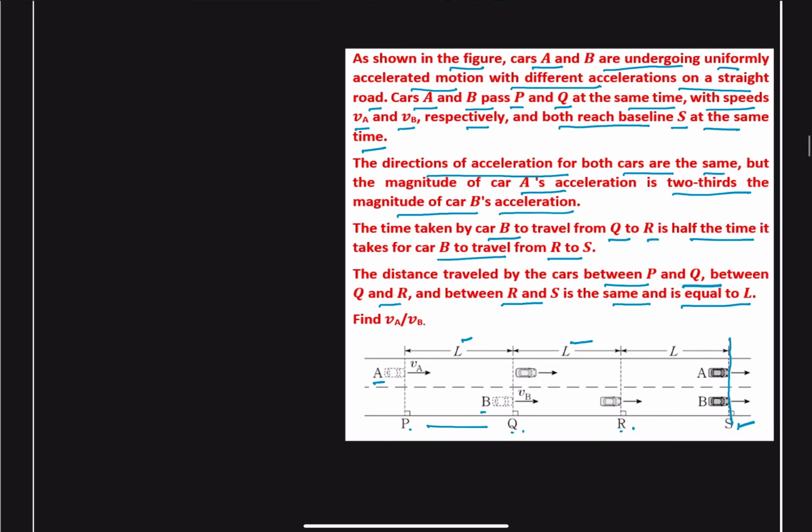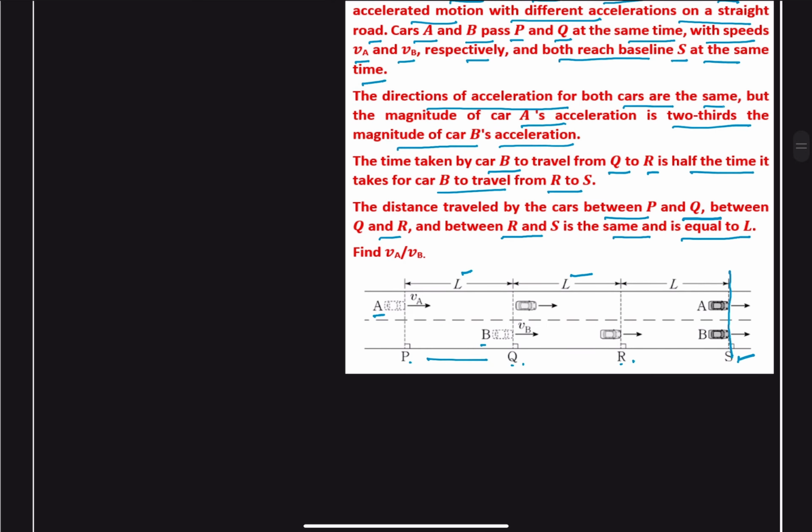So we start: if the total time of car A from P to S is 3t, then car B is also going to take the same time, that is 3t, from Q to S. And we also assume that the velocity of car A at the baseline S is v1 and the velocity of car B at baseline S is v2.